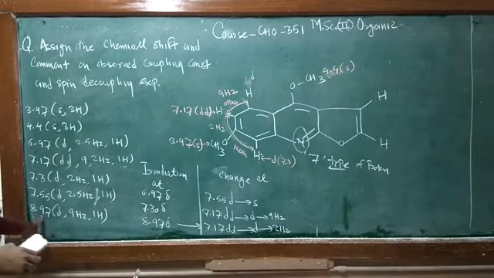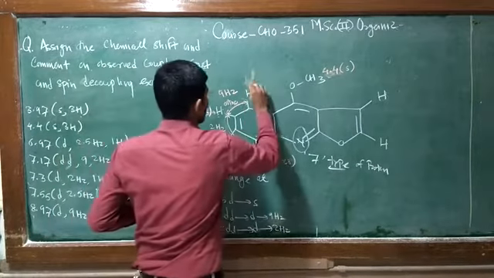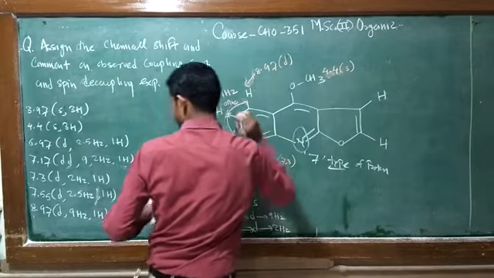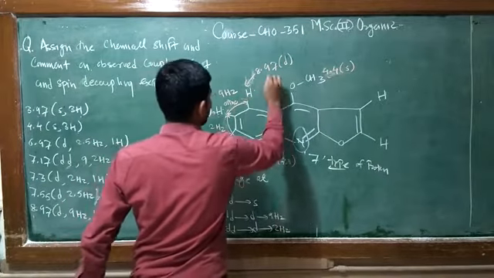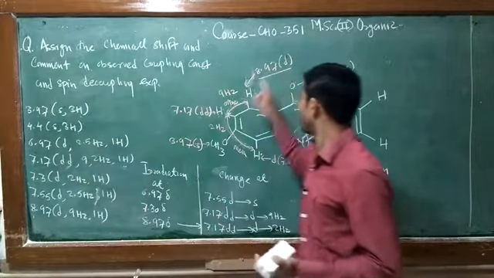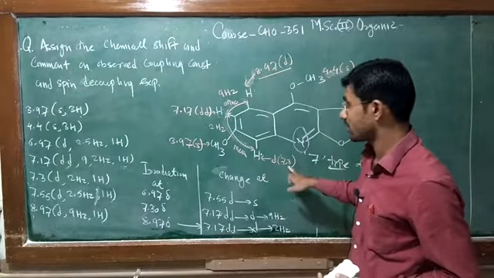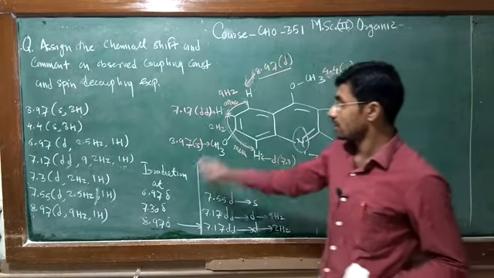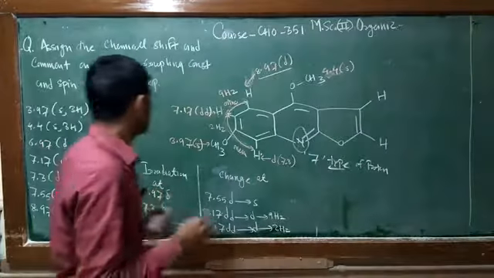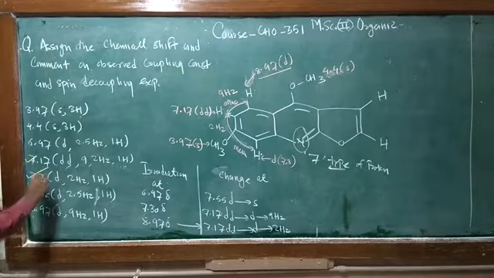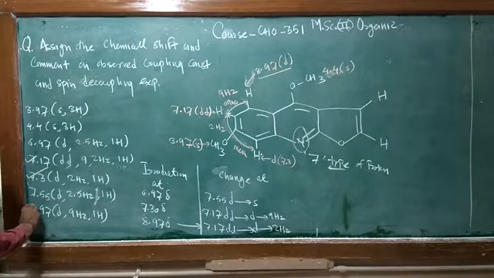Then also 8.97: this proton gives a doublet with 9 Hertz, meaning ortho coupling. So we can assign 8.97 to this proton. So these are the 3 aromatic protons: 7.17, 7.3, and 8.97.